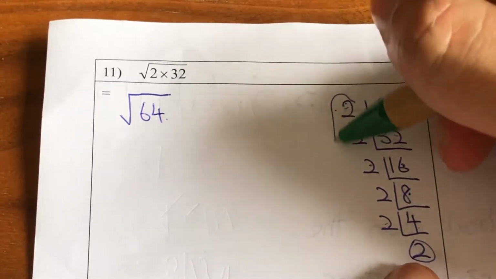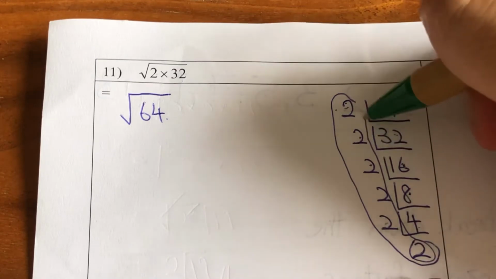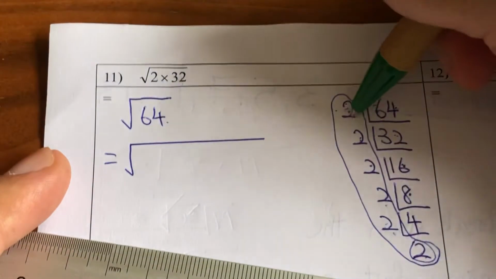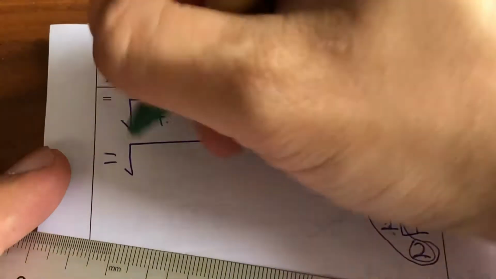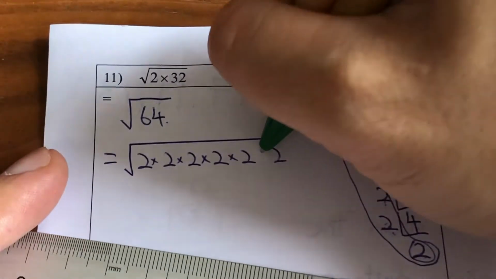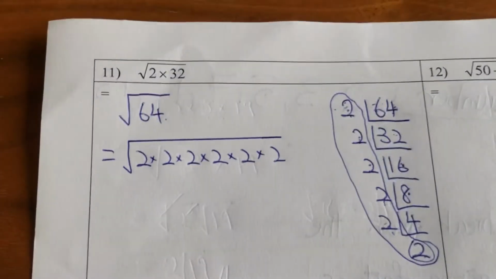So the whole thing could be written as very long: 2 times 2 times 2 times 2 times 2 times 2. So you may write, we have 1, 2, 3, 4, 5, 6 twos times together. Alright?